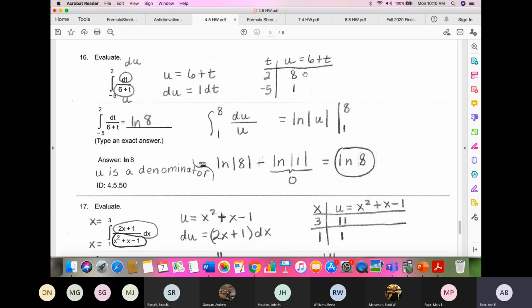So 2 plus 6 is 8. -5 for t. -5 plus 6 is 6 minus 5, which is 1. So what are we really finding here? We are finding the integral, our new limits of integration. The old ones were 2, -5. The new ones are 8 and 1.